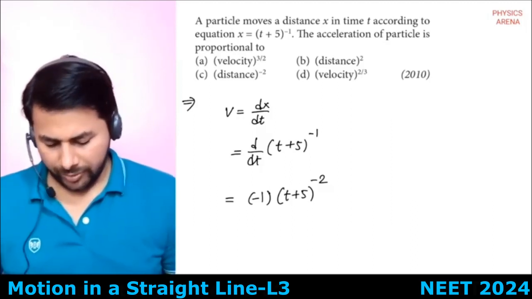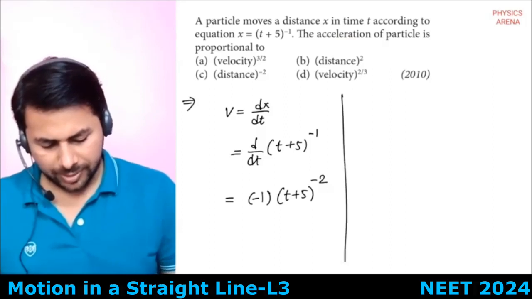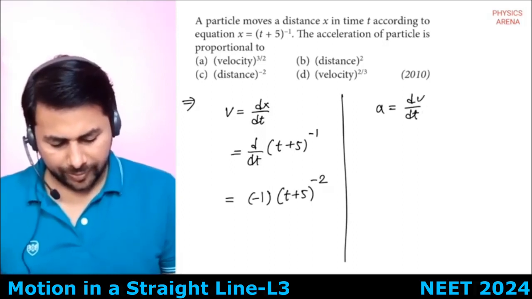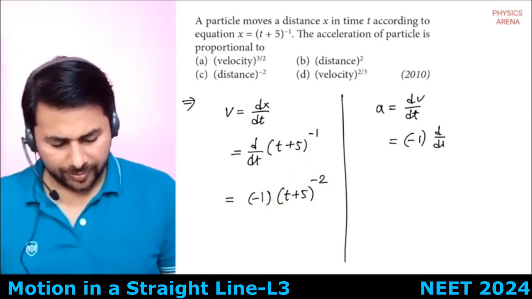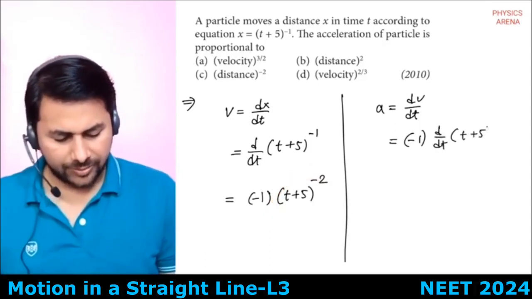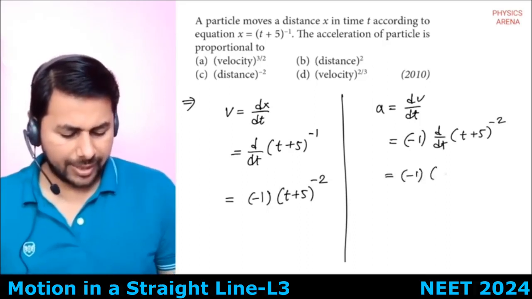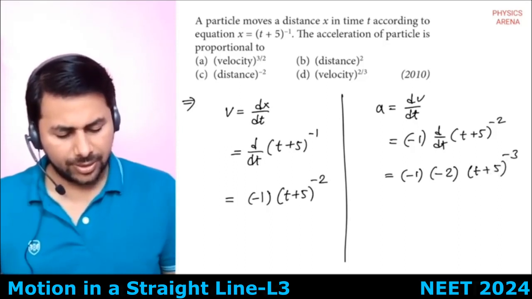Yes, sir. And we want to find acceleration, so we will take one more derivative. Acceleration is dv by dt, that is minus 1 multiplied by the derivative of t plus 5 raised to minus 2, which is minus 2 times t plus 5 raised to minus 3.